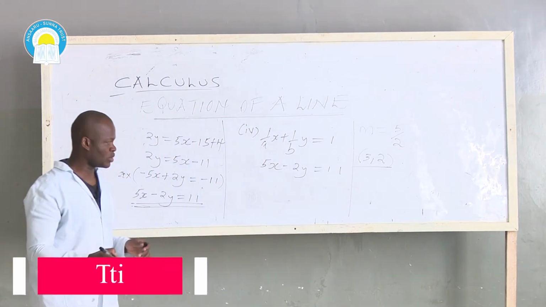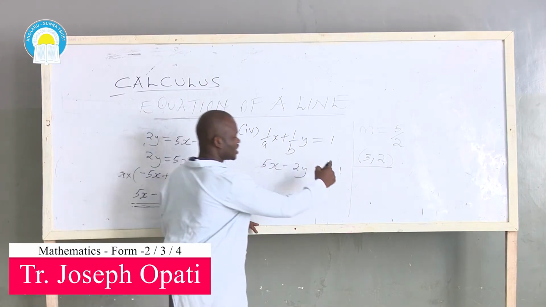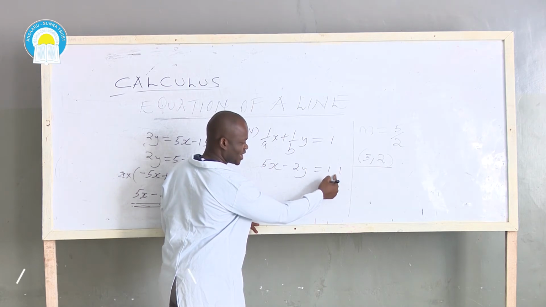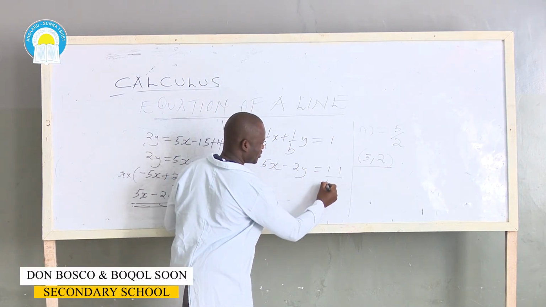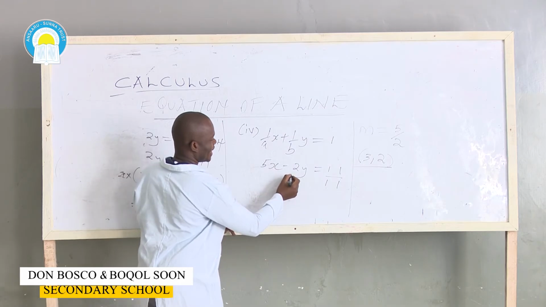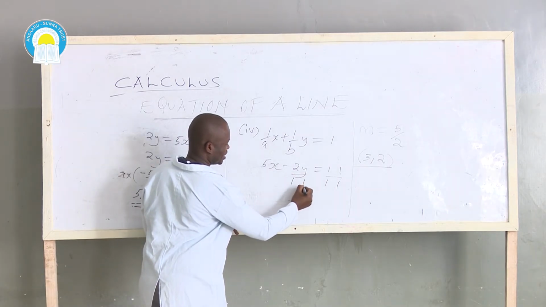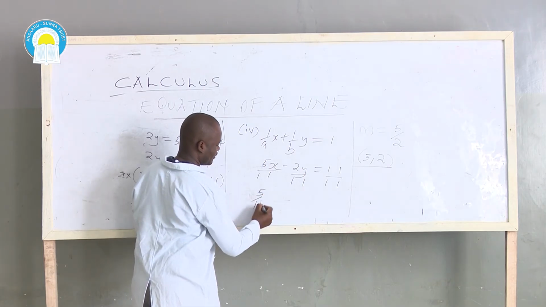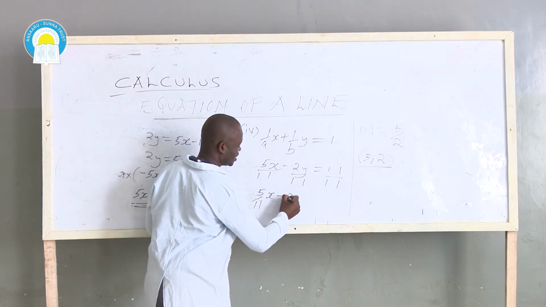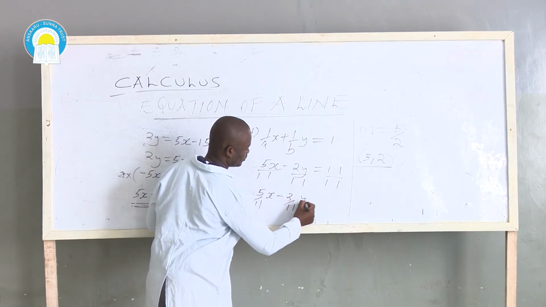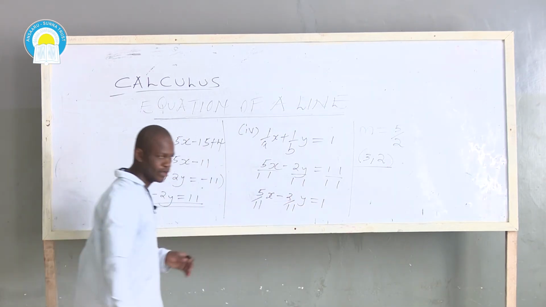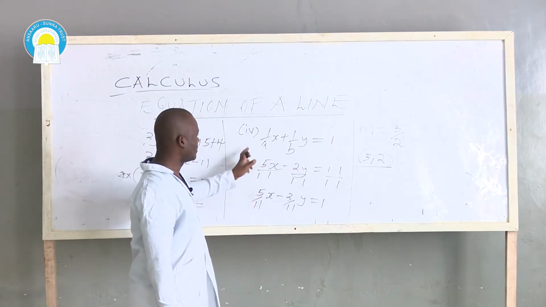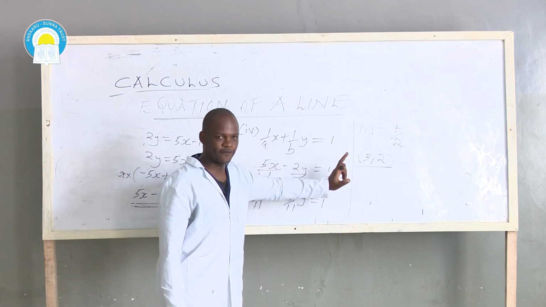How do you achieve that? You divide through by what you have there as your constant. In this case, we have 11. So divide through by 11. So we have 5 over 11 x minus 2 over 11 y is equal to 1. So we have our equation finally in the double intercept form.